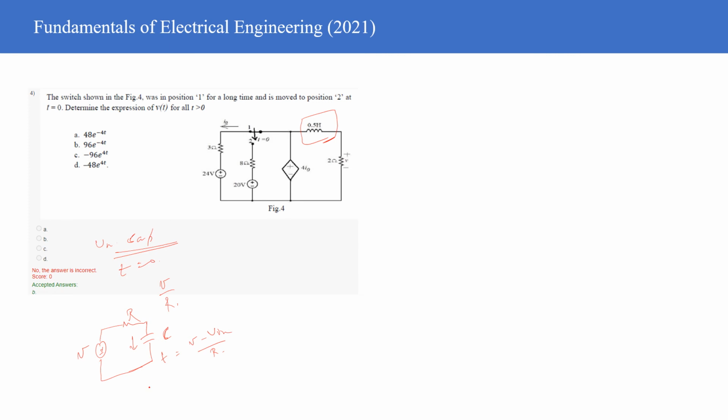And at time t equals infinity, the capacitance will behave as an open circuit and the final voltage will be equal to the potential across the capacitance, with the capacitance behaving as an open circuit. So in this particular circuit, it's nothing but the source potential of V. So this is the thing which you must remember for capacitance.